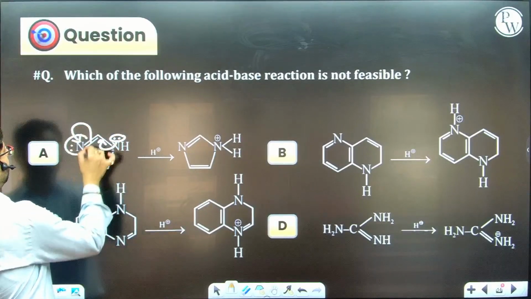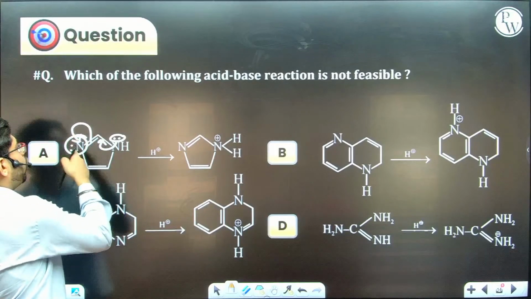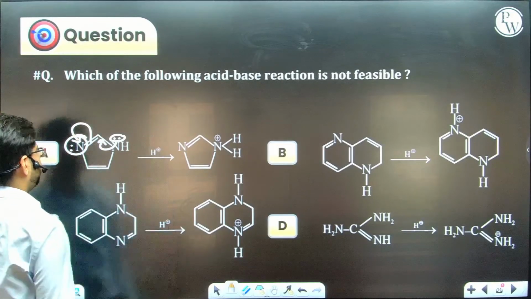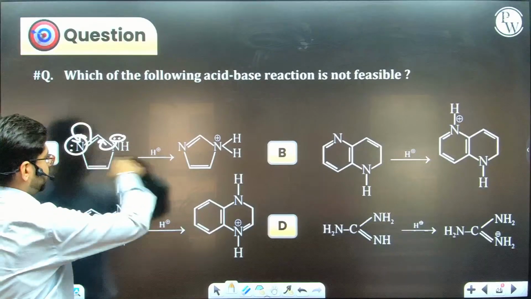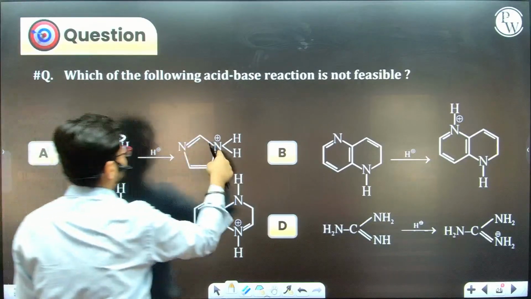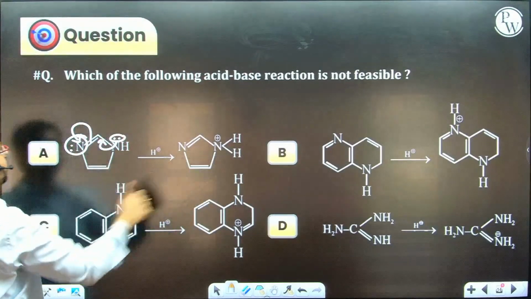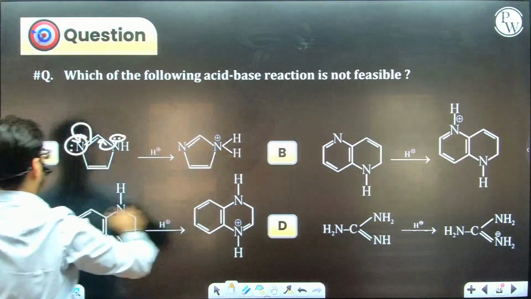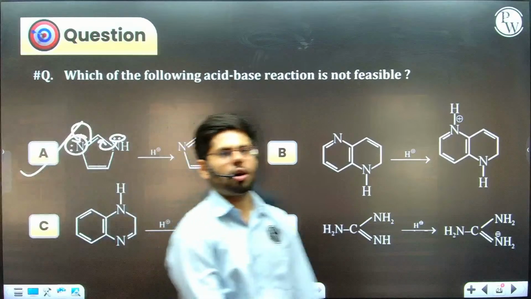So this is more basic. So this should undergo protonation if I take one equivalent of H plus, whereas in this it has been shown that this nitrogen is undergoing protonation. So this is incorrect. Incorrect means not feasible. That's what they have asked, which is not feasible.